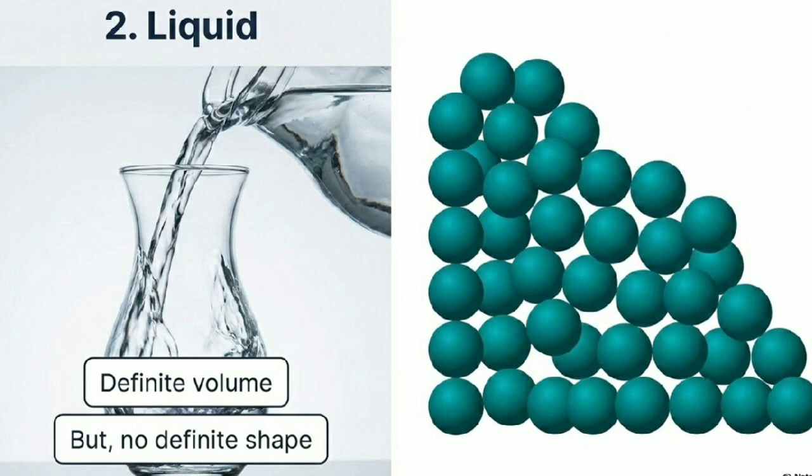This happens because liquid particles can move past one another. So in whatever container you pour it, it will take that shape, which means it does not have a definite shape.